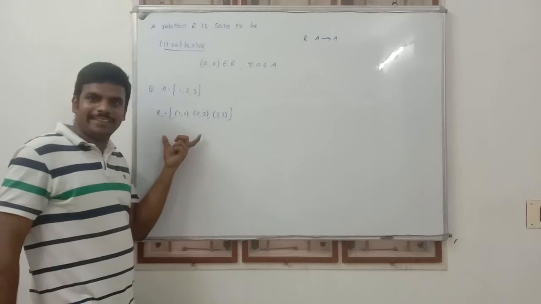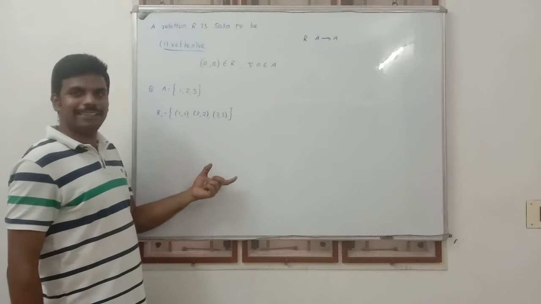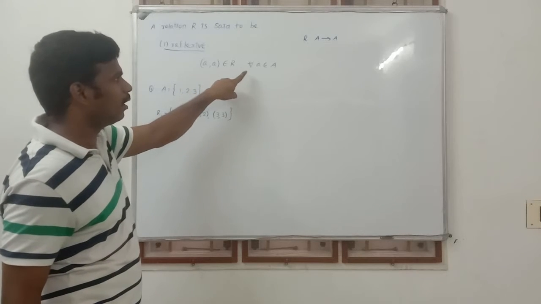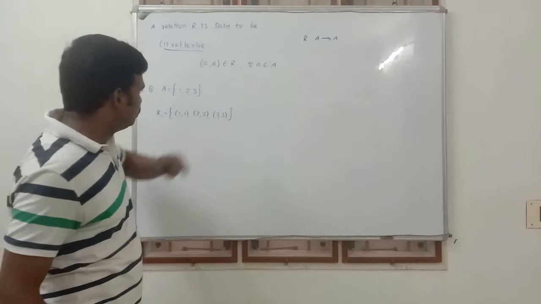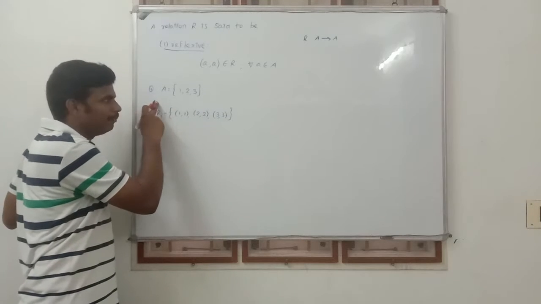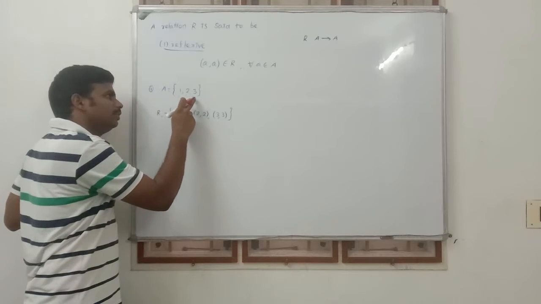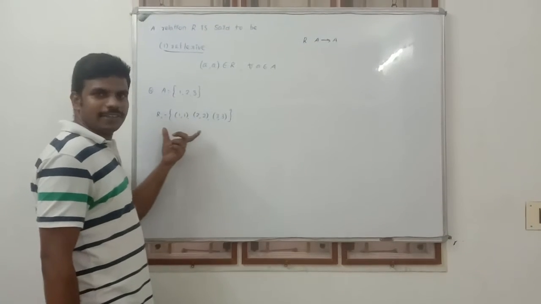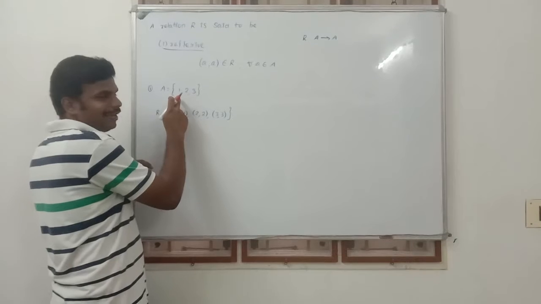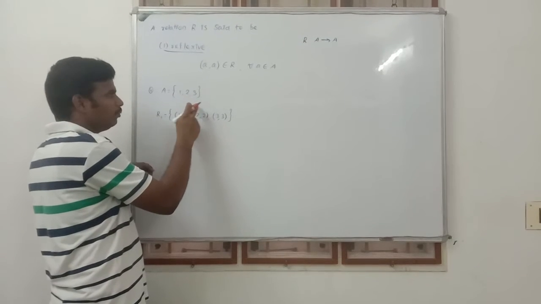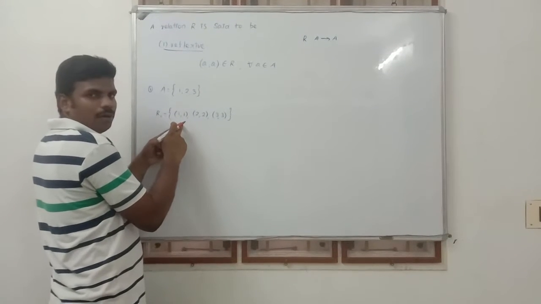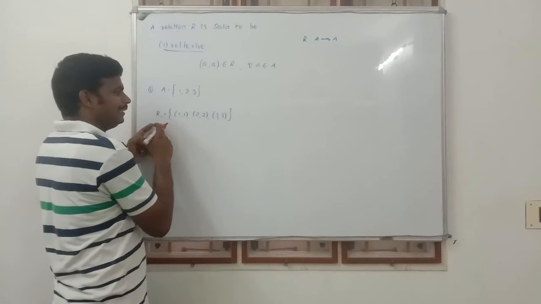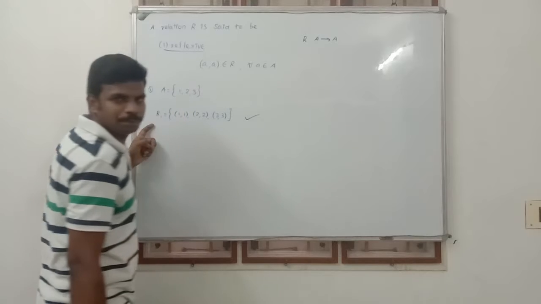This relation is reflexive, because as per the condition (a, a) belongs to R for all a belongs to A. In set A we have the elements 1, 2, 3, and in this relation we have (1, 1), (2, 2), (3, 3) too. Therefore, this relation is reflexive.